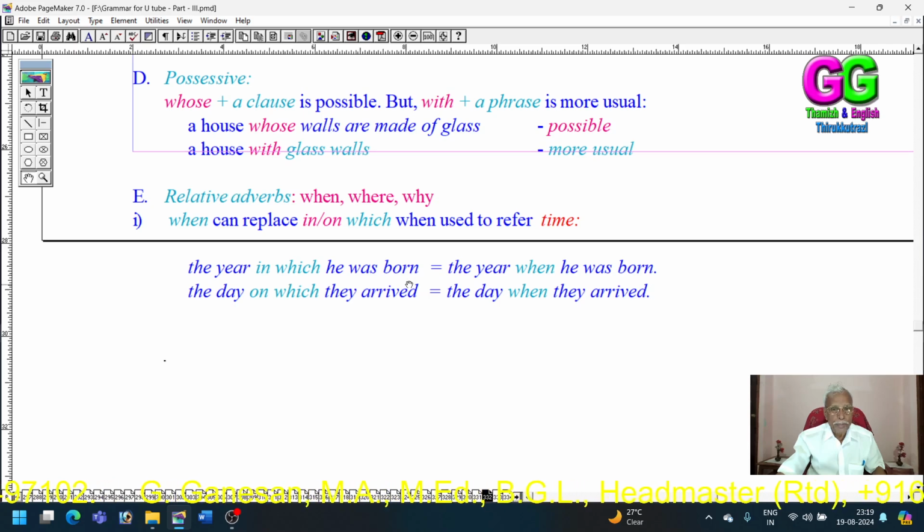Here, in which can be replaced by when: the year when he was born, because it refers to time. The day on which they arrived, the day when they arrived. So on which or in which used to refer to time can be replaced by the relative adverb when.